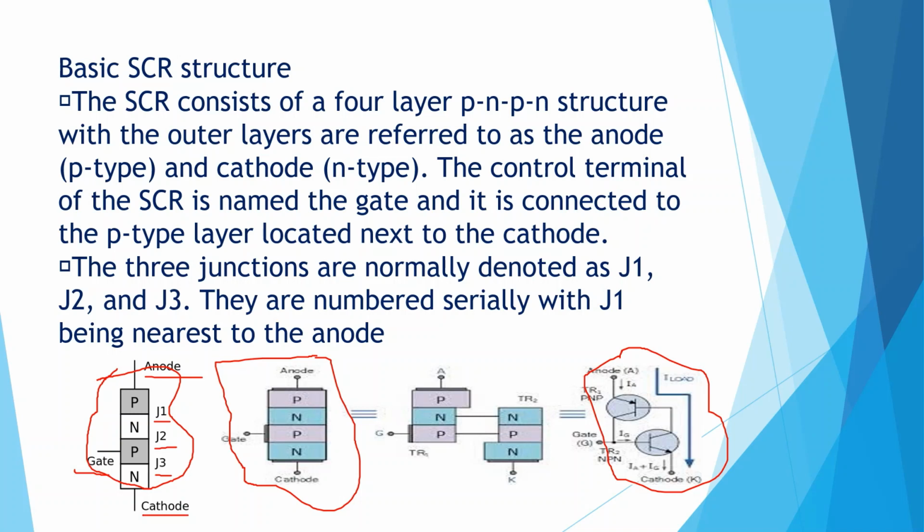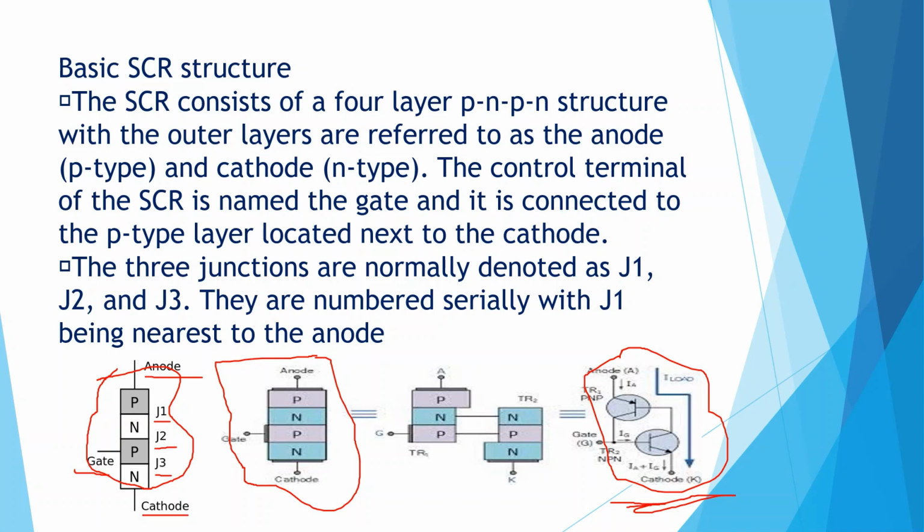The basic operation of an SCR can be viewed as a two transistor analogy. Of course, for that we have to see this figure. The SCR is split into a two-transistor structure as shown in the figure.